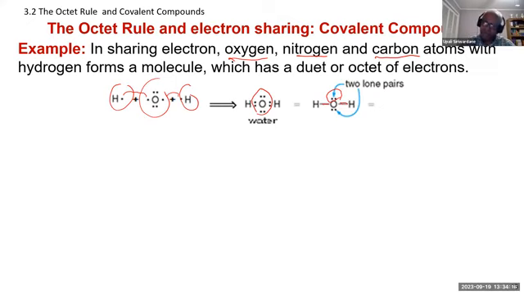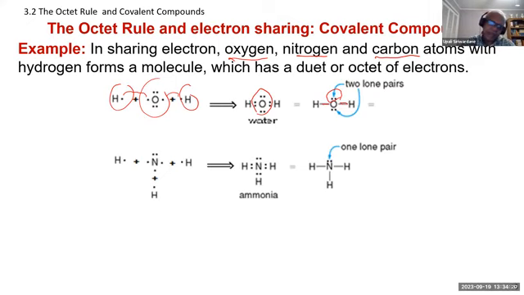So we're going to describe more in detail. Nonmetals share electrons to form covalent compounds. Metals and nonmetals transfer electrons to form cations and anions. That's a different description. These are nonmetals, hydrogen nonmetal, nitrogen nonmetal.